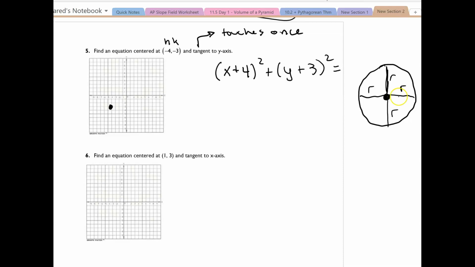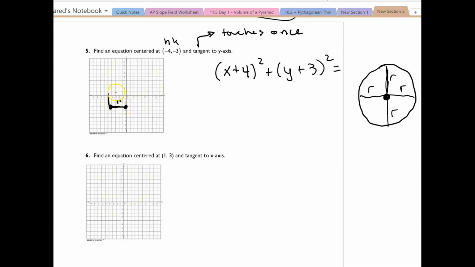But in this idea, you can count up, right, down, and left how long your radius is. And from here, to get to the y-axis, we're going to go right. And I'm going to draw a point on the y-axis because it's going to only touch it there once. And if you can figure out how far away you are, this is going to be your radius. It's going to touch this once.